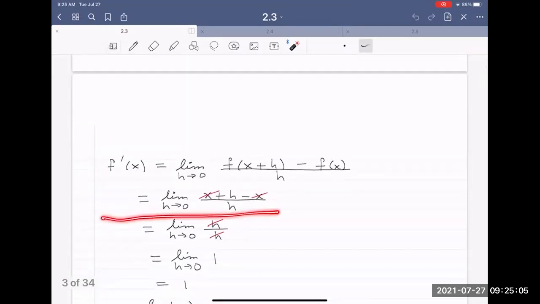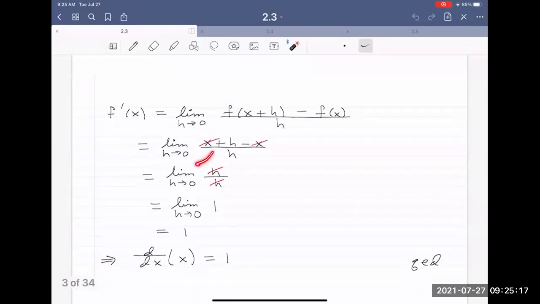So this is equal to the limit as h approaches 0 of x plus h minus x all divided by h. Well, the x's cancel. So I just get the limit as h approaches 0 of h over h.